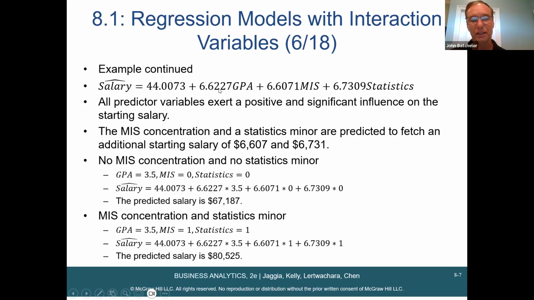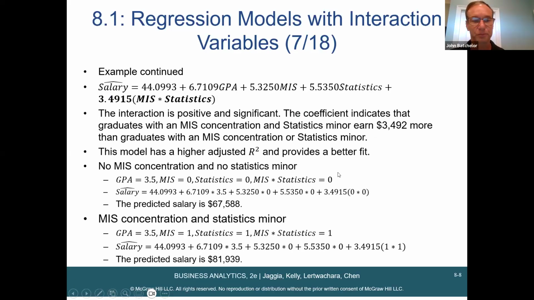But when you see the number times GPA, that's not confusing at all, because you just put the GPA there. And when you see the number times MIS, that's going to be a 0 or 1. Same for statistics. So this is how I see it: when I look at that output and there's X's and D's and all these different things, I replace the X's and D's with what these variables are in my mind. Then you can know exactly what everything is.